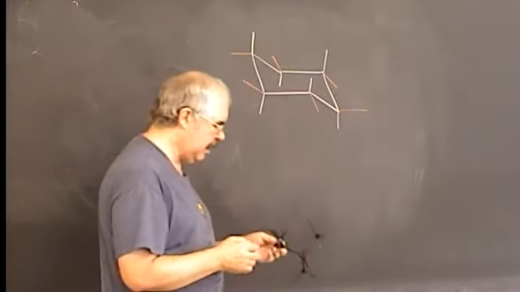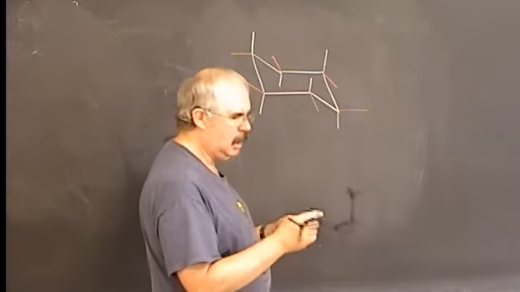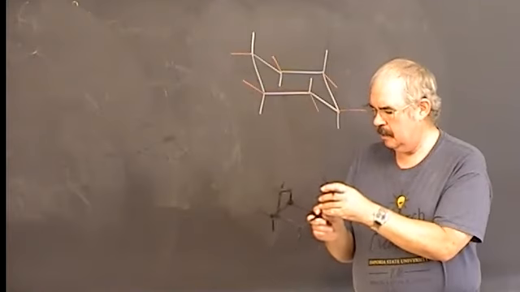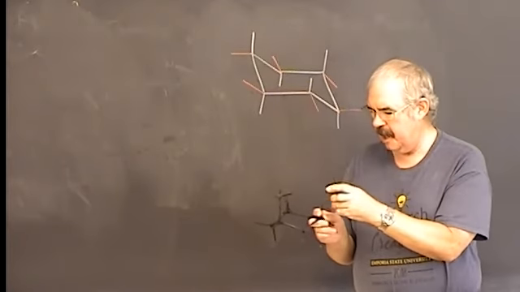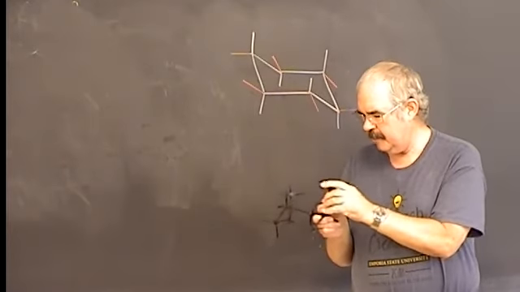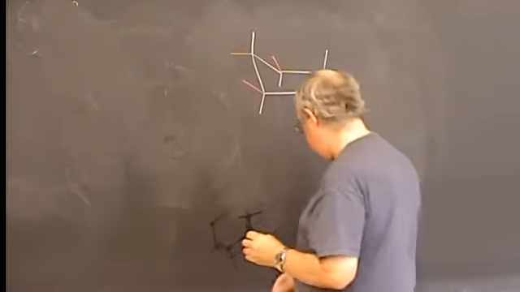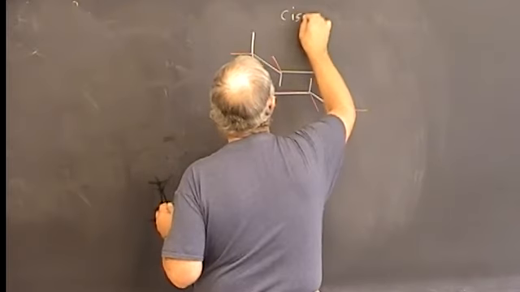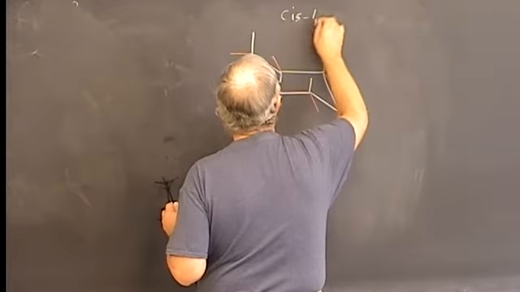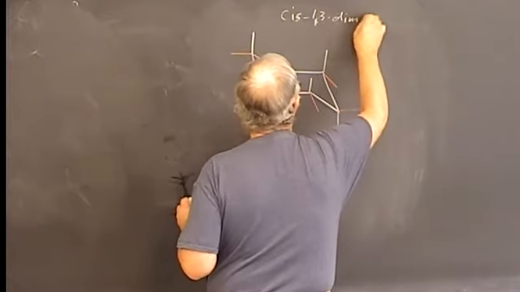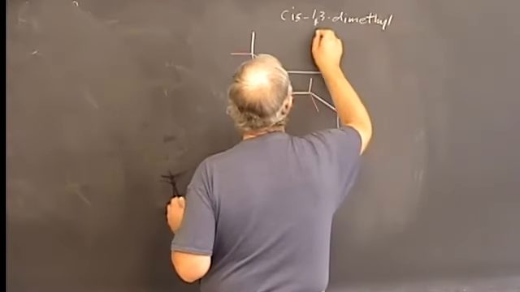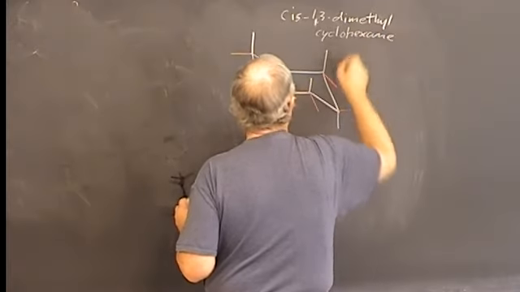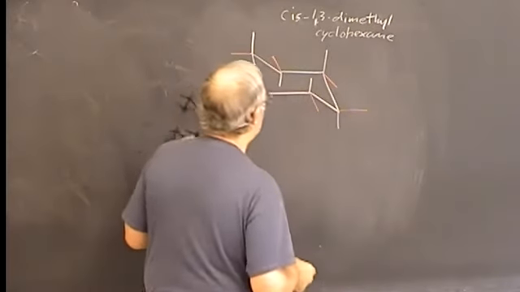So I have my cyclohexane chair. I'll put this methyl on top, and I'll also put this methyl on top. So cis dimethyl cyclohexane.